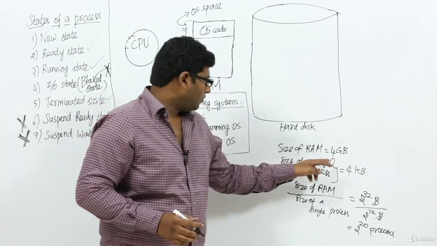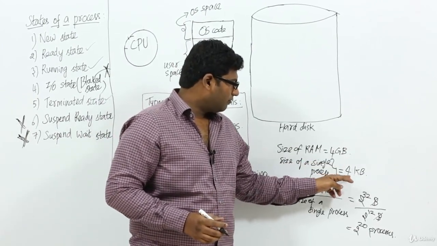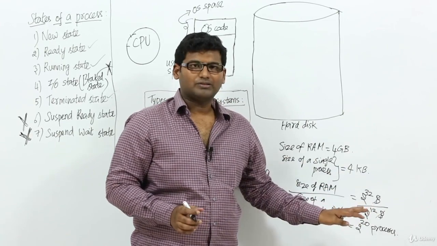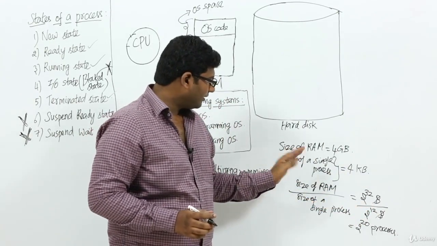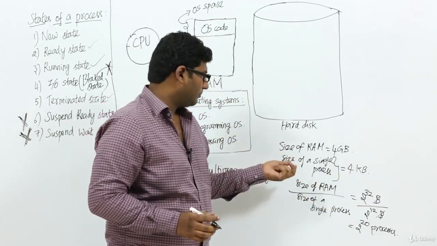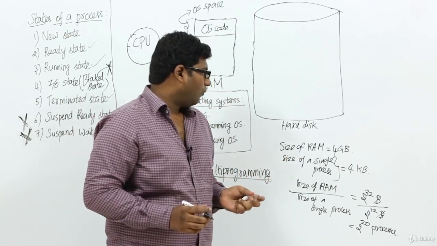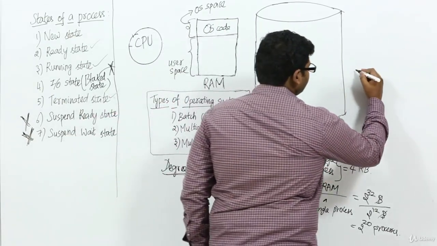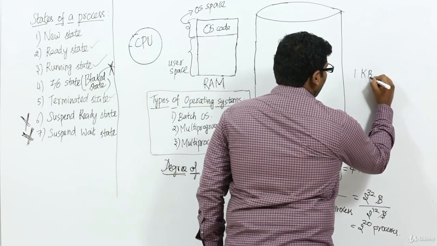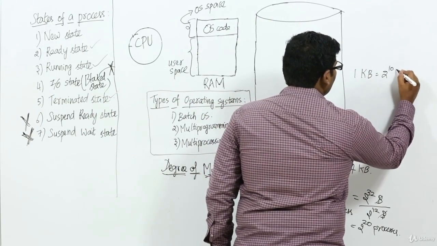Now you might get a doubt what is meant by GB, KB, and how did I calculate this. So for that let's see what is meant by GB. See, 1 KB equal to 2 power 10 bytes.